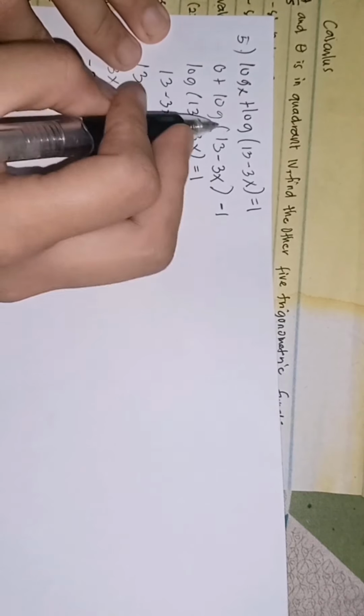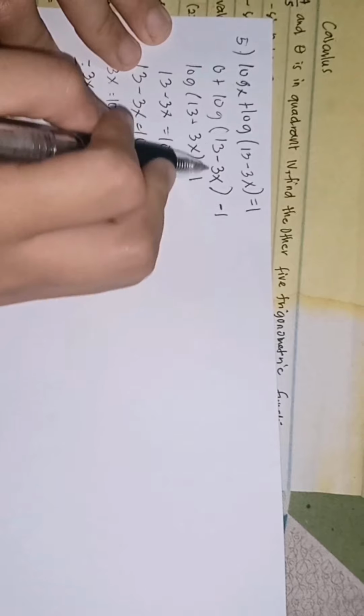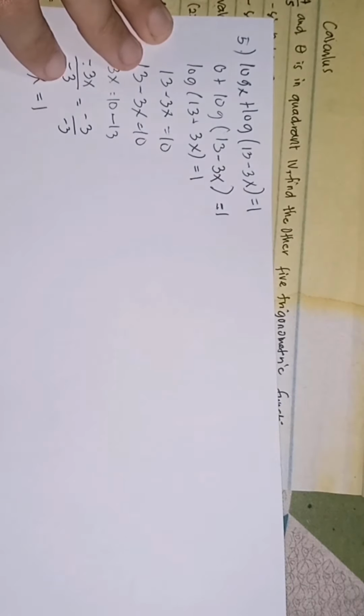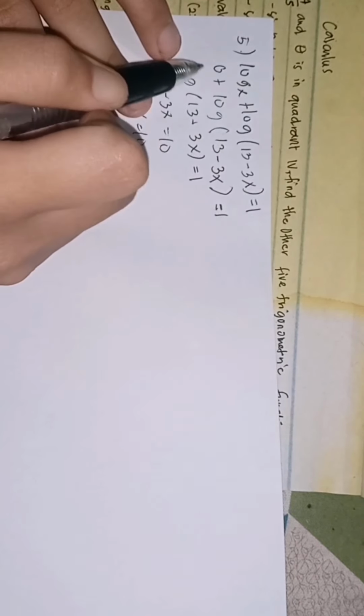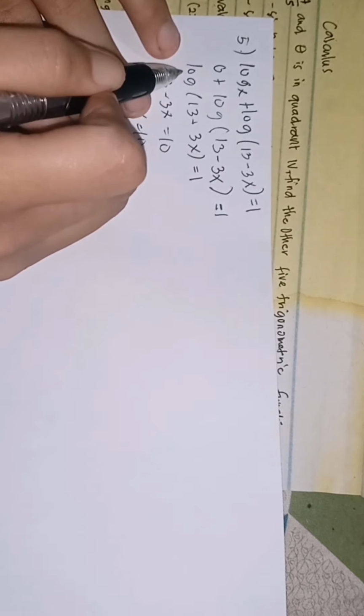So this first term is just equal to 1 plus the log, and we just copy the parentheses, equals 1. What remains is this equation, because the first term is just a constant and it cancels.